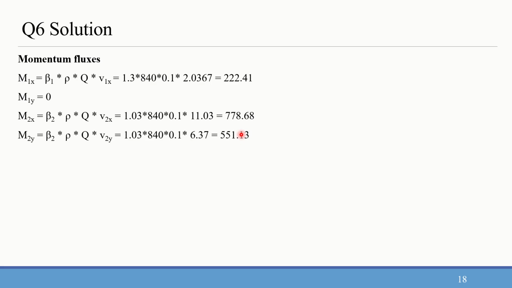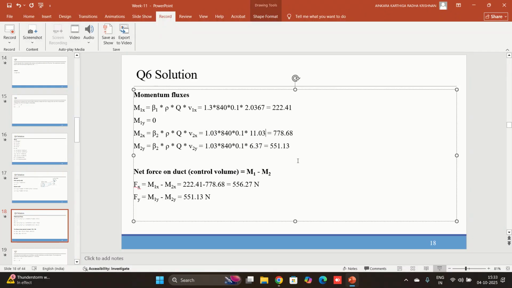The momentum flux in the y direction at the outlet is beta 2 into rho into q into v2y. So it is 6.37 into 0.1 into 840 into 1.03. That gives us 551.13. So this is calculated. We'll just change this value alone.